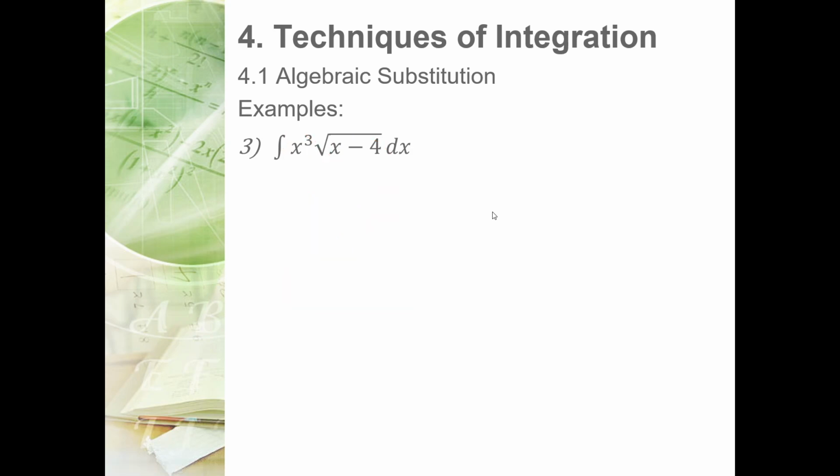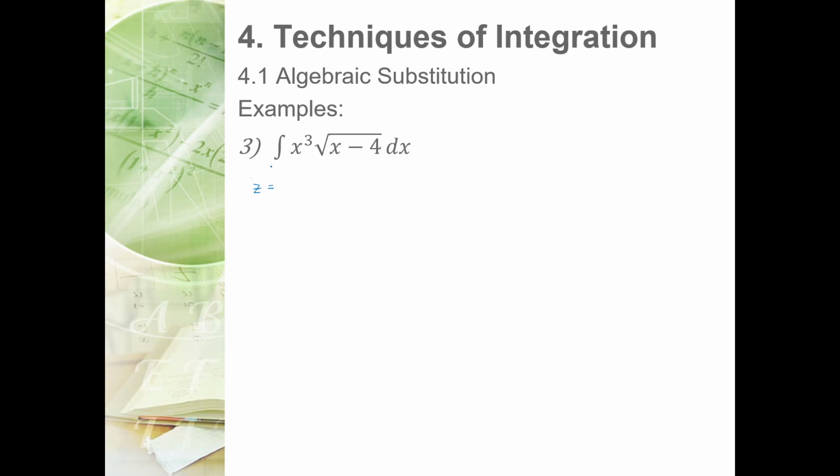So of course, we're going to use the algebraic substitution method. So z is equal to, again, it's best that we try to eliminate the radical expression.